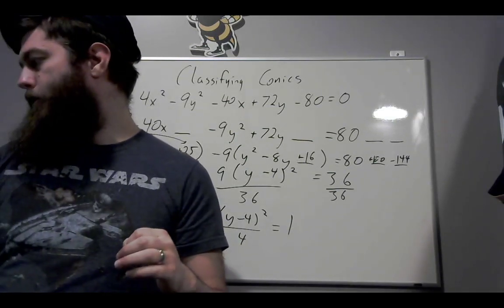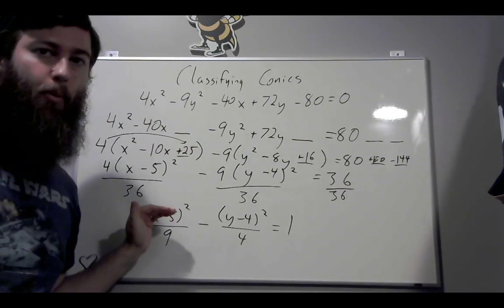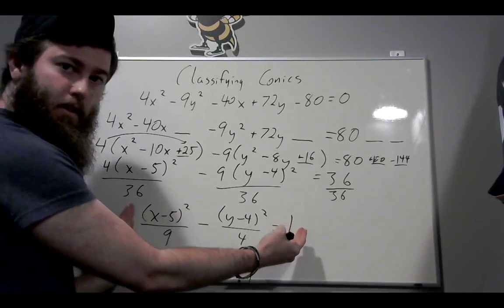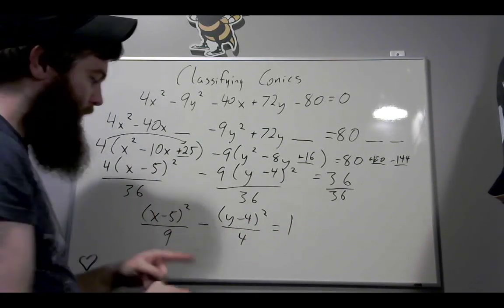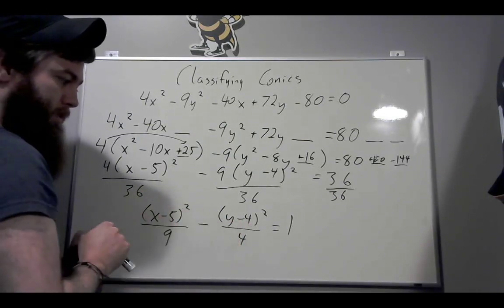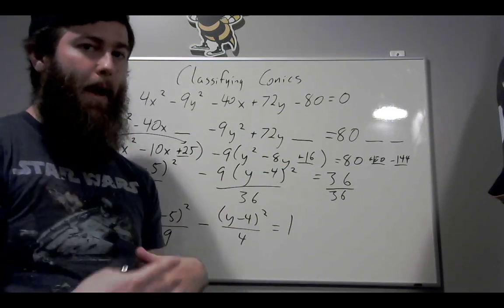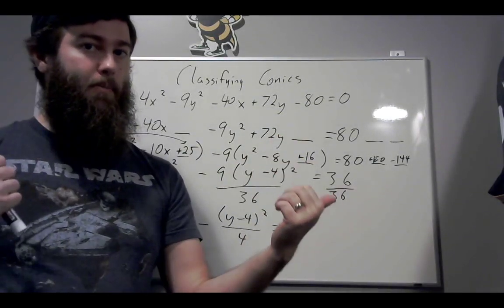So it's not that you don't go further, it's just that this is the stopping point for today. You need to be able to get it into this format, so then you can find pieces of information to go further. You could find that the center was (5, 4), a was 3, b was 2. Use that a, that b, and that center to find your vertex and your potential focus.